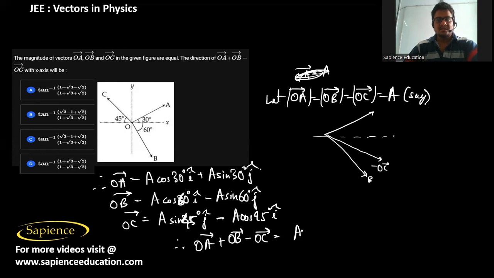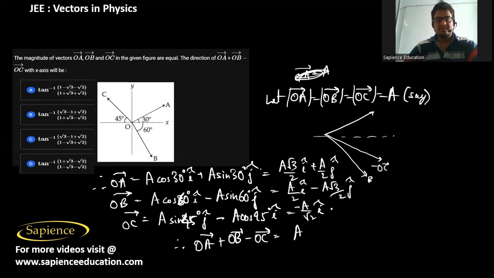So that will be A root 3 by 2 i cap plus A by 2 j cap, plus A by 2 i cap minus A root 3 by 2 j cap, and minus A by root 2 i cap plus A by root 2 j cap.